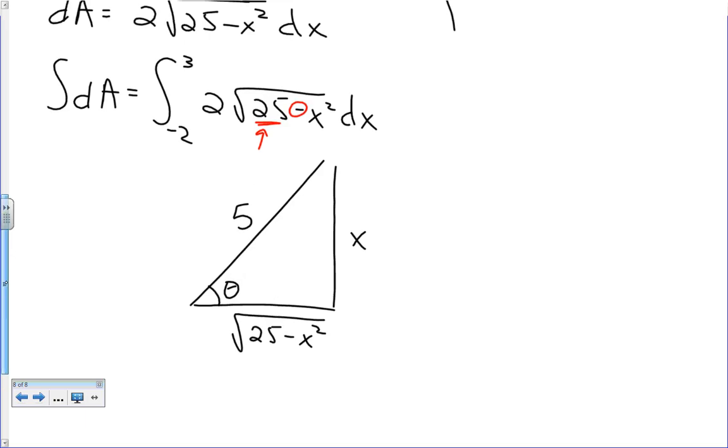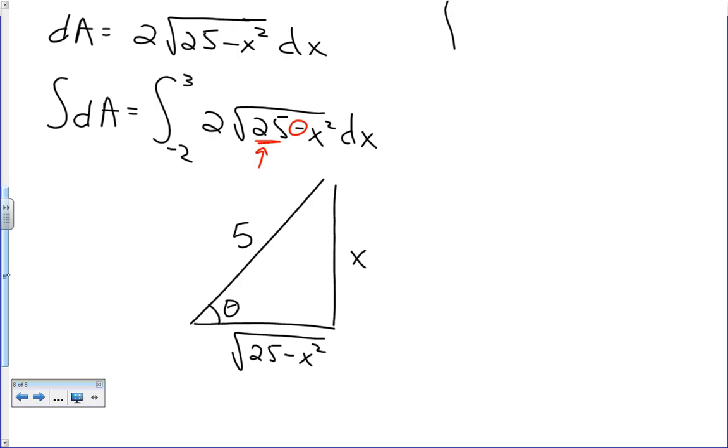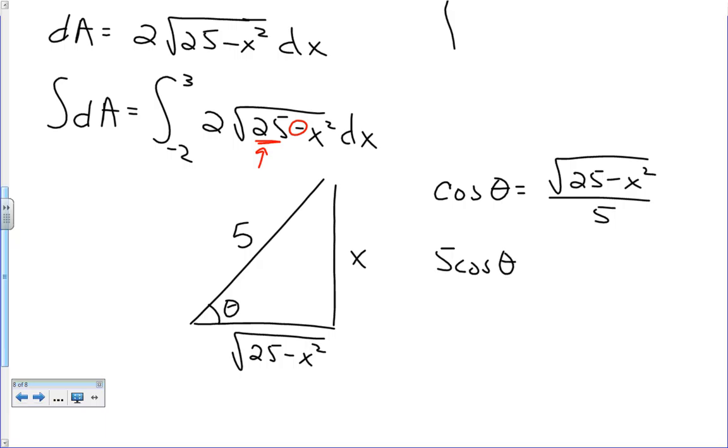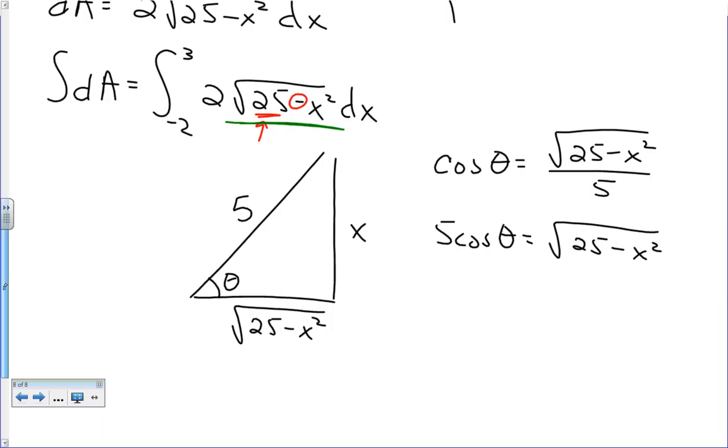All right, so now let's find out what the radical is equal to. If I use the adjacent side and the hypotenuse, that looks like cosine. The cosine of theta would be equal to the square root of 25 minus x squared divided by 5. And so 5 cosine of theta is equal to the square root of 25 minus x squared. So now we have a substitution for this part. We still need a substitution for dx.